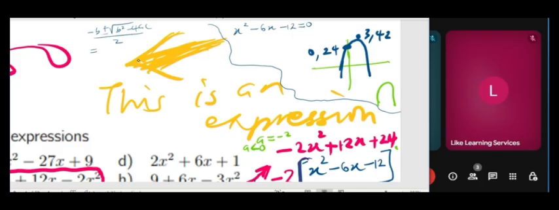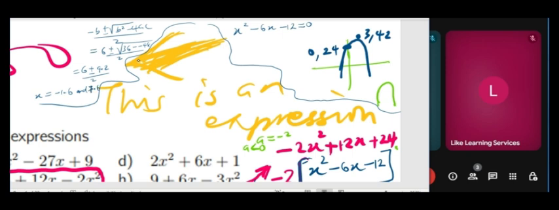That's going to give us 6 plus or minus square root of 36 minus 48 all over 2. Let's just finish it up here. That will be 6 plus or minus 9.2 over 2. That will give us the two values of x as minus 1.6 and 7.6 thereabouts.